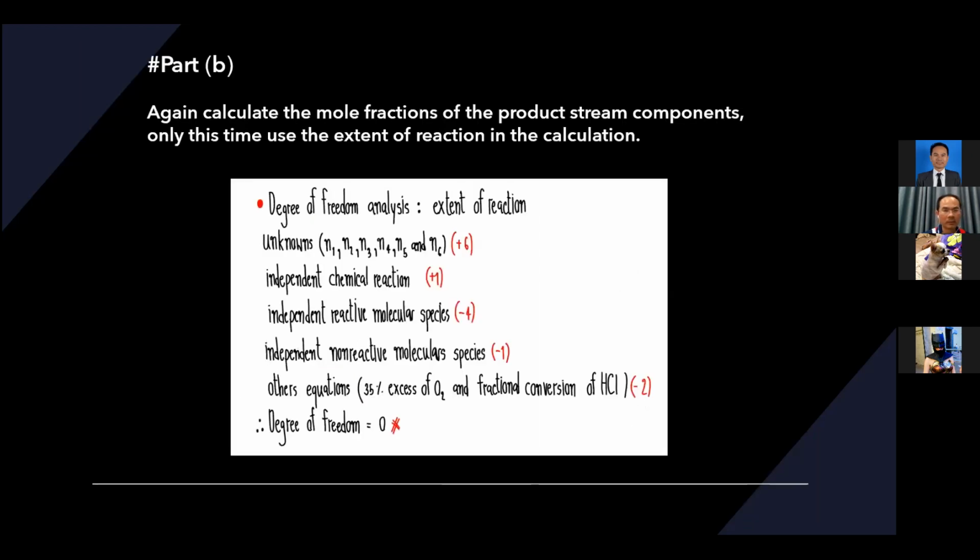For this part B, we need to use the extent of reaction in the calculation. So for the degree of freedom analysis, we use the extent of reaction method.